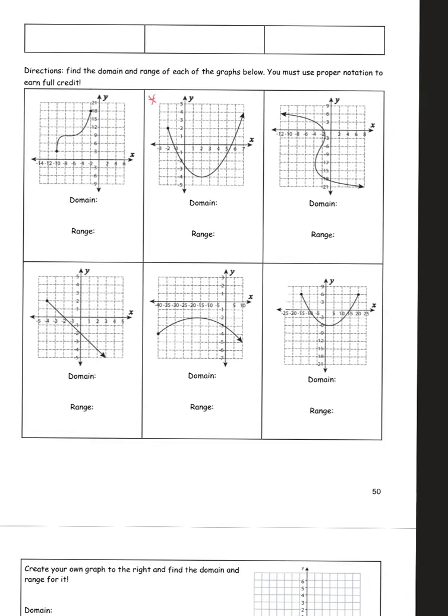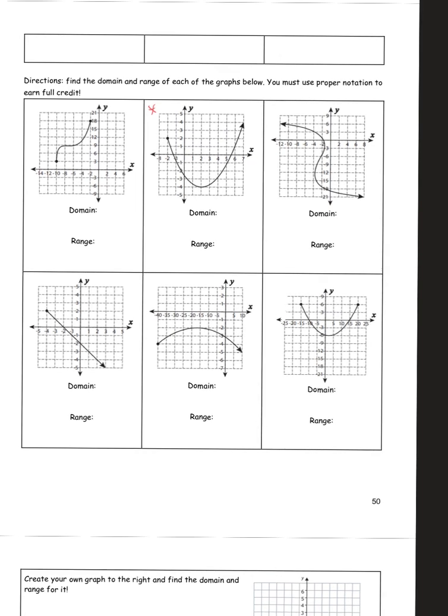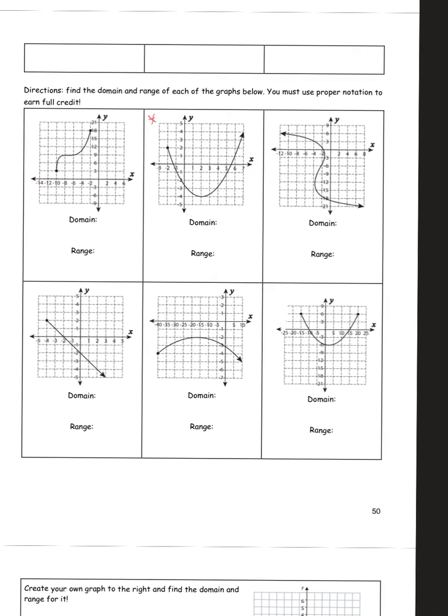So we can see here, looking at our domain, it starts here at -2. And because we have this arrow, this means that this is just going to keep going, and it's going to capture all those values in my domain. So my domain starts at -2 to +infinity. And I'll let you write the notation there.